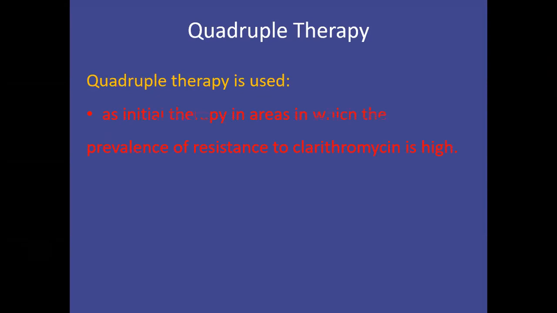I don't know, but if the studies have shown that the H. pylori prevalent in Saudi Arabia is resistant to clarithromycin, you won't go for trial and error, starting with triple and then replacing with quadruple, because you already know that most of the strains over here are resistant. You will directly go with quadruple therapy.